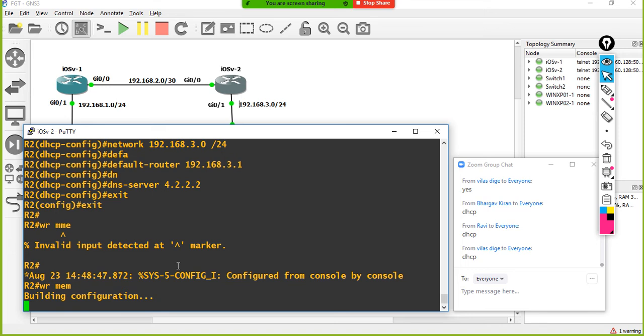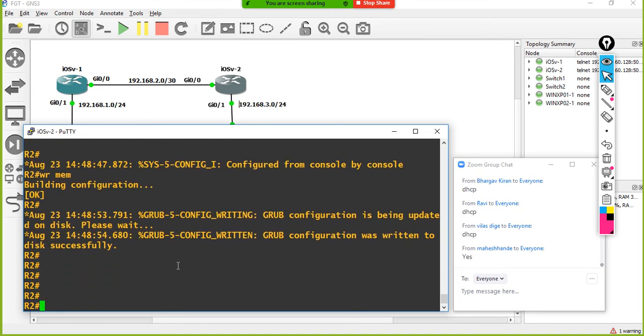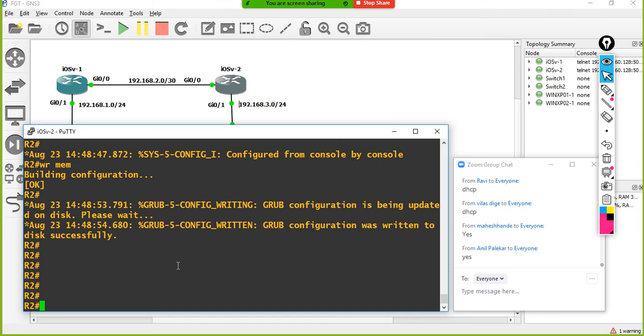Now, one more thing, guys. For example, I just want to see only the configuration which is related to the DHCP. If I type show run, I can see all the configuration, right guys? But I want to see specifically what configuration I have done for DHCP. Can we see only the DHCP configuration?